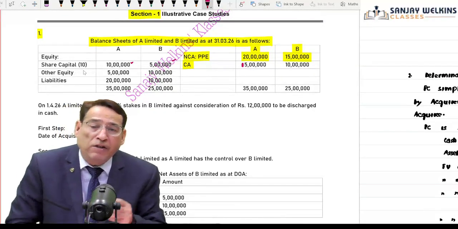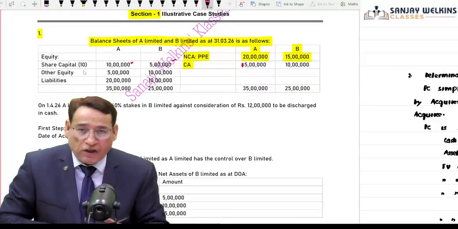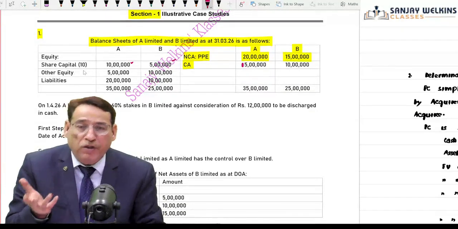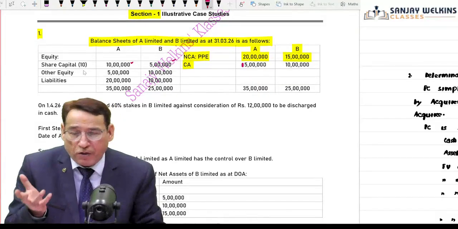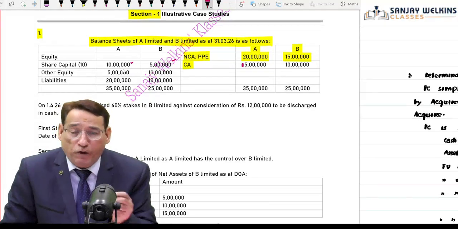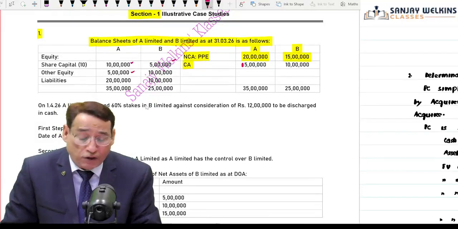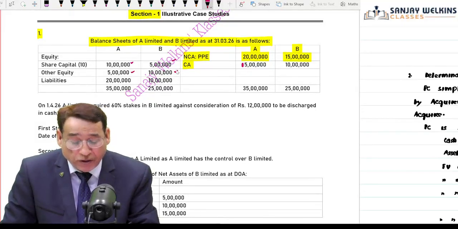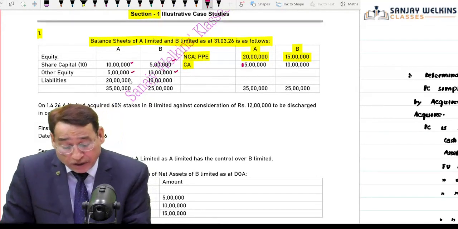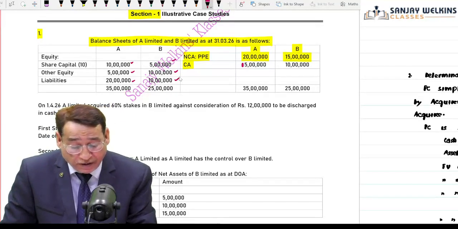Other equity actually means reserve and surplus. Correct? In the terminology of Ind AS, we do not use the word reserve and surplus. Instead, we use the word other equity, and other equity means reserve and surplus, that is profit and loss, general reserve, etc. So other equity of A Limited is equal to 5 lakh and other equity of B Limited happens to be 10 lakh. Besides that, we are being given liability also, 20 lakh and 10 lakh.